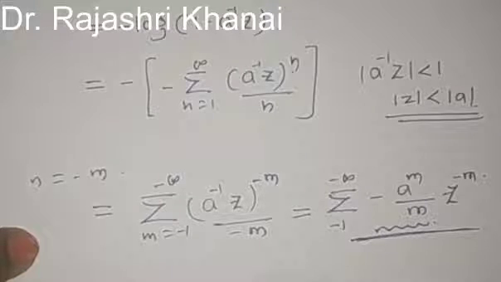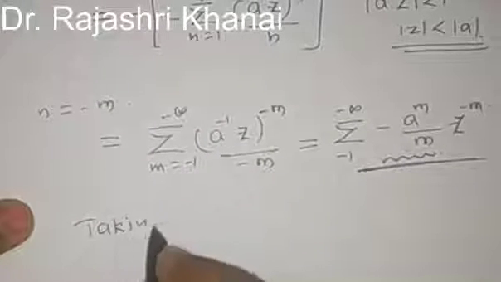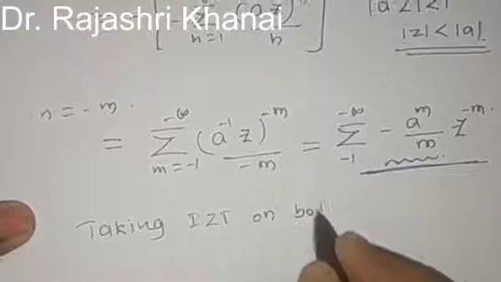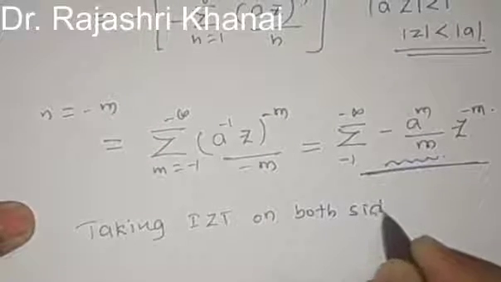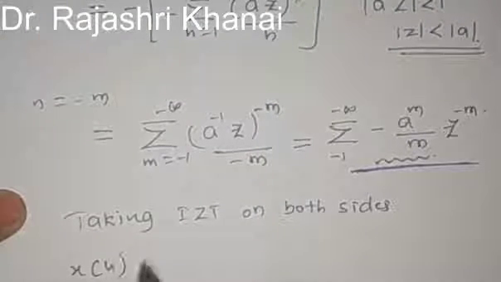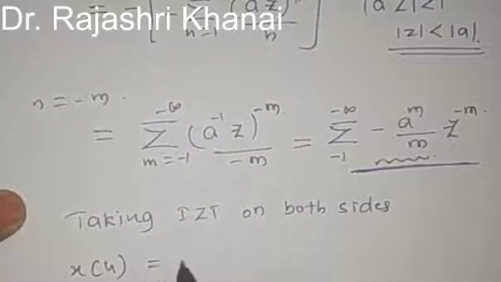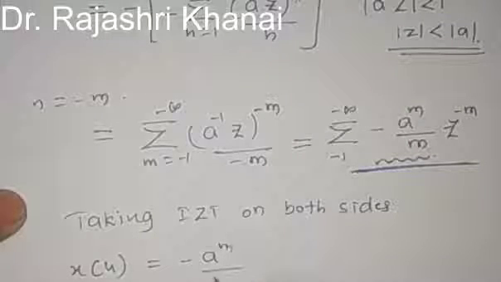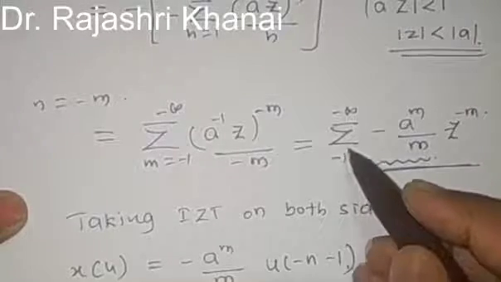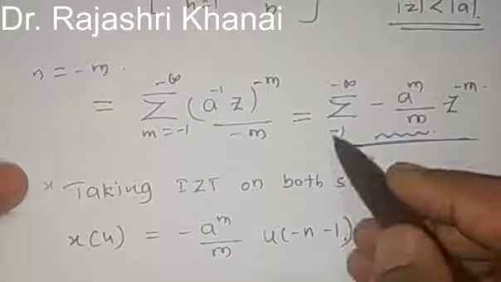So I say here, taking IZT on both sides, I can write x of n is equal to minus a raised to m divided by m, that is u of minus n minus 1, which is nothing but the range of summation.